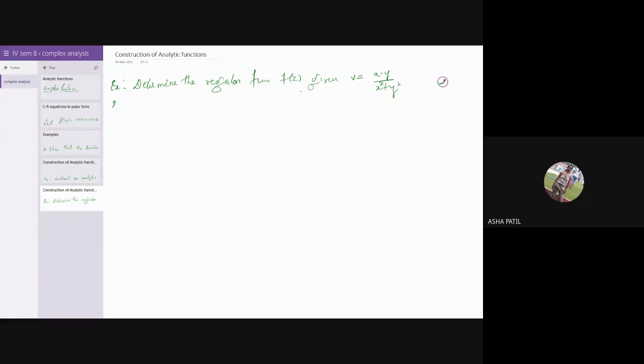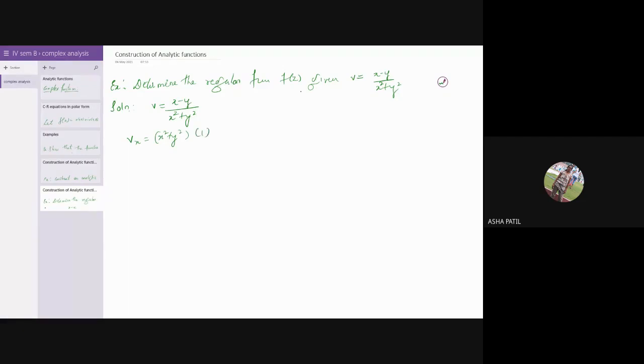So again here, v is given to us. v is equal to x minus y divided by x square plus y square. Now differentiate with respect to x and with respect to y partially. Vx: here x can be seen in the numerator as well as the denominator, so we'll go for the quotient rule, u by v form. x square plus y square as it is, the denominator term.